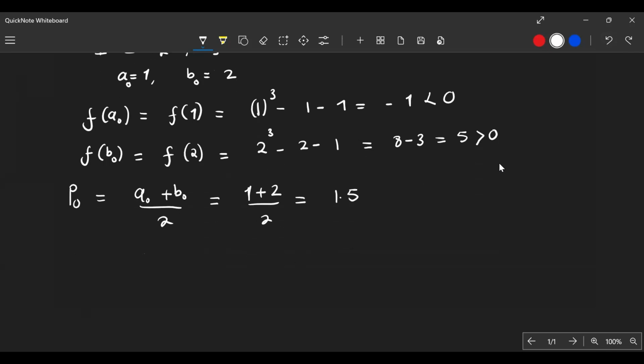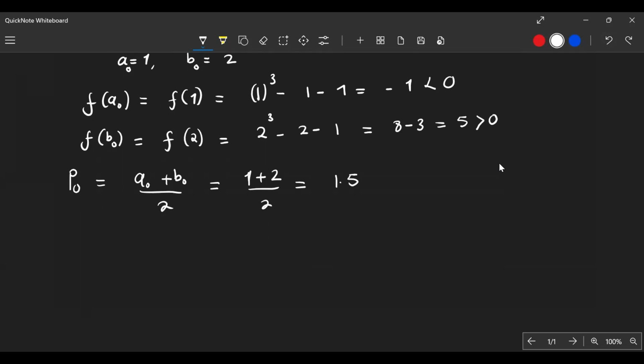Okay, so we test this 1.5. Let's test it. So we have f of p naught. Now we're going to substitute this p naught in our function. So we have f of 1.5, which is the same as 1.5 to the power 3 minus 1.5 minus 1.